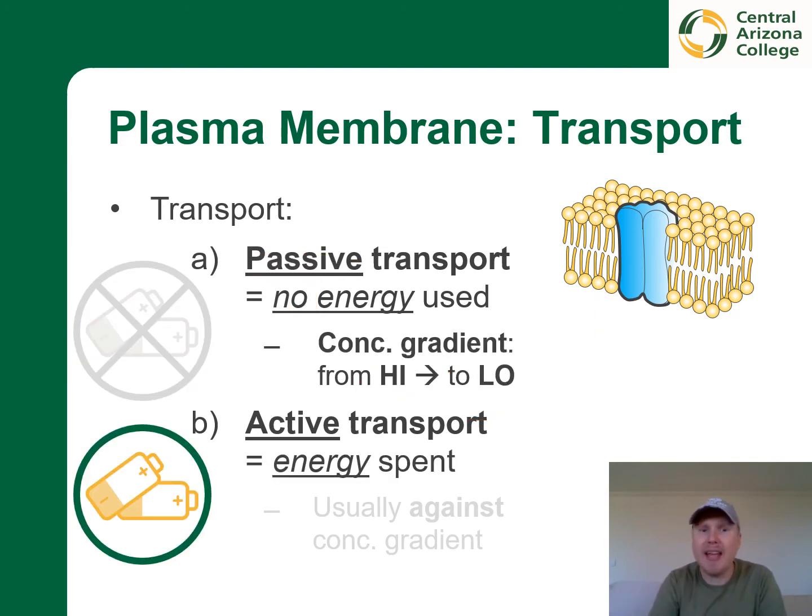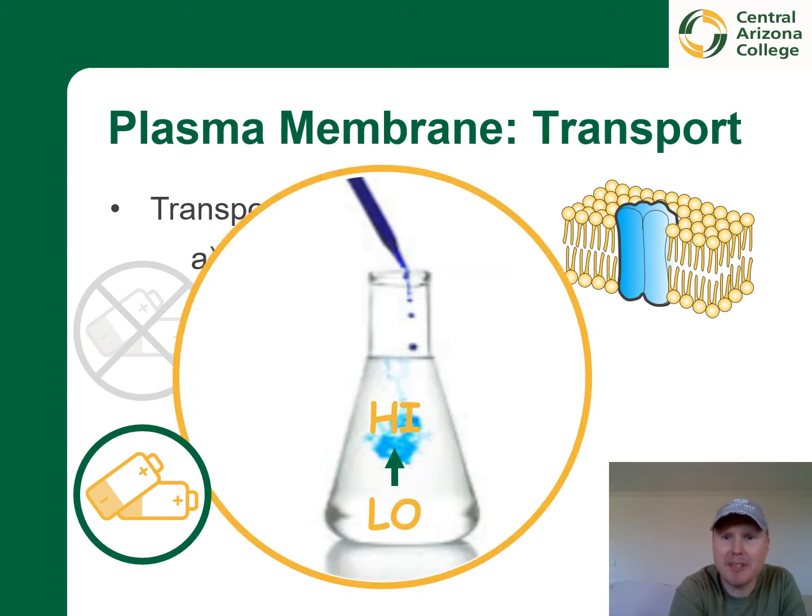But in case of active transport, the situation is quite different. Here, energy is spent to move materials through the plasma membrane. And often we are moving materials against their natural concentration gradient. So to use our previous example of the food coloring added to the bottle of water, we are moving these materials from areas of low concentration to areas of high concentration.